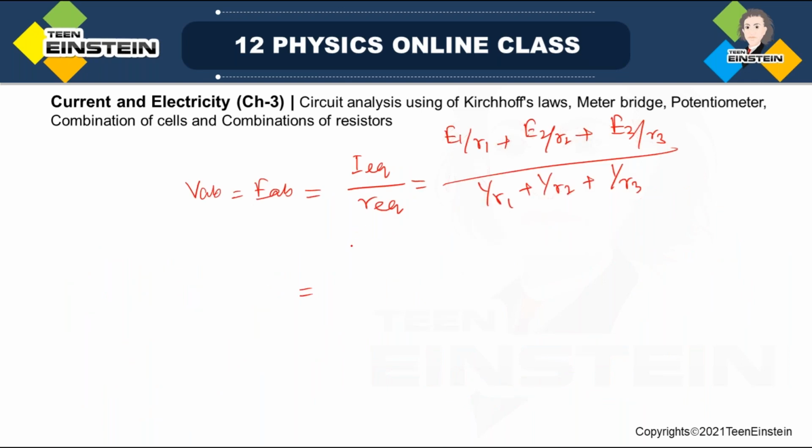So E1 has potential 2. So 2 by R1, R1 is 1.